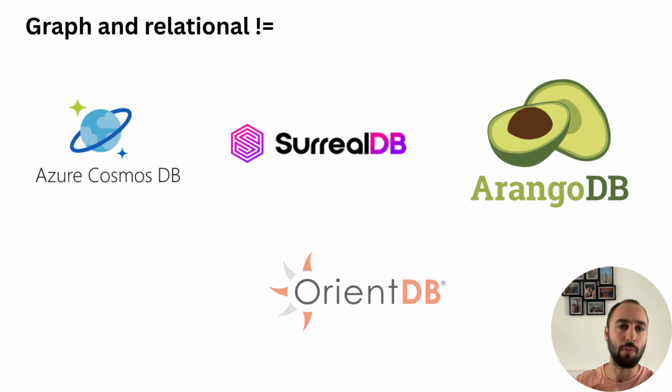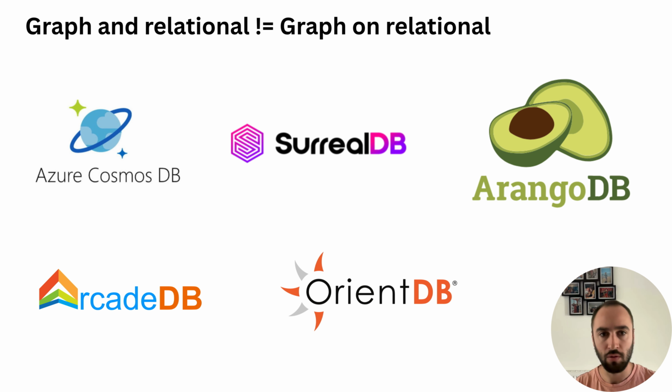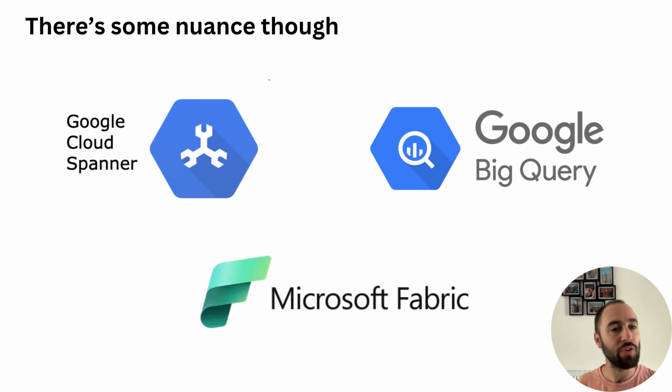If you think about Cosmos DB or SurrealDB or ArangoDB, these store data themselves in multiple physical models. With graph on relational, the engine doesn't own the data directly. So in short, you could think of multimodal as a sort of graph and relational technology, which is not the same thing as graph on relational.